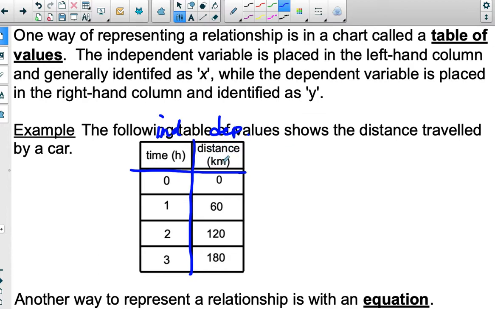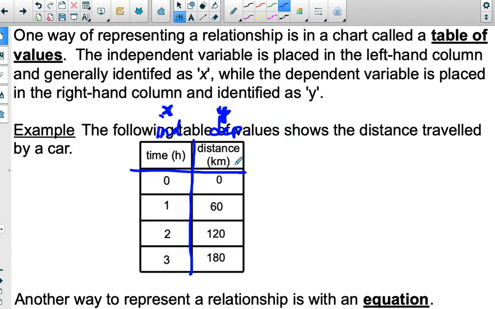So how far I travel depends on how long I've been traveling. The left side is usually our x data, our x variable. And the right side, the y, is our dependent variable.